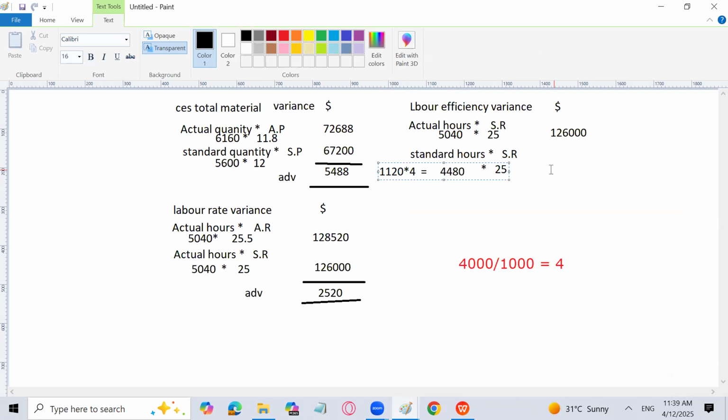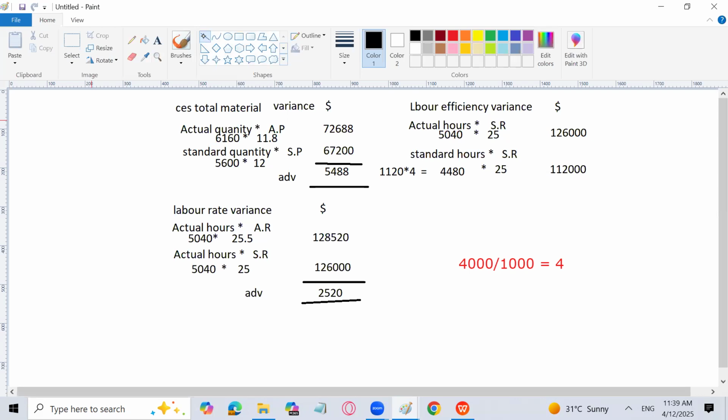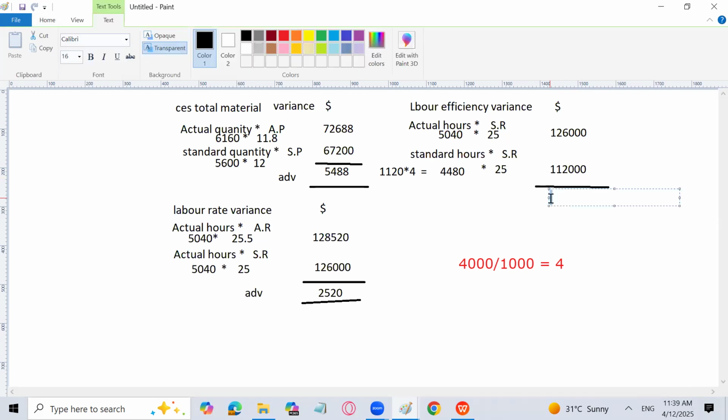Now you multiply with 25, and the amount is 112000. Now you take the difference: 126,000 minus 112,000. The answer is positive, which means it is adverse, and that is 14,000 adverse.